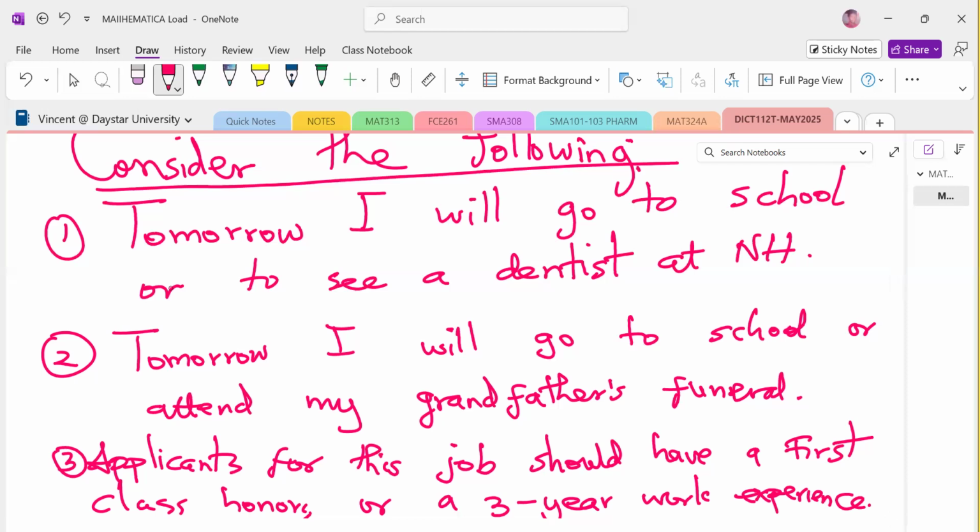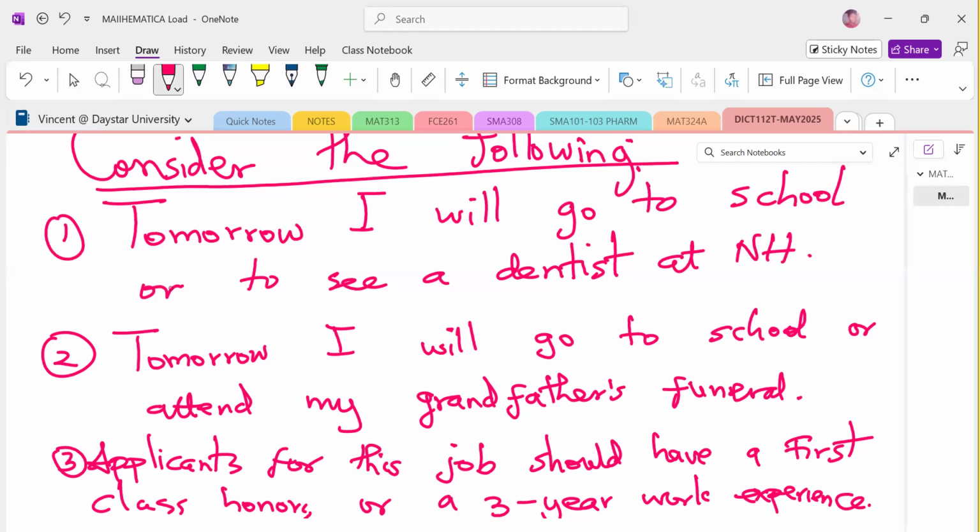All of them are using the word or. So in all these three statements, there's a word or being used to connect.